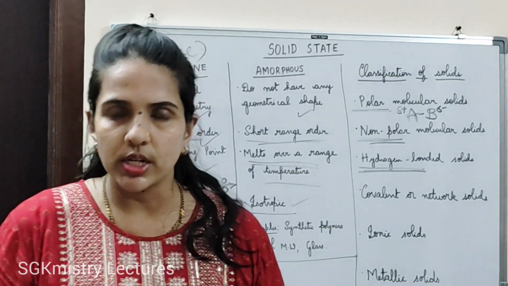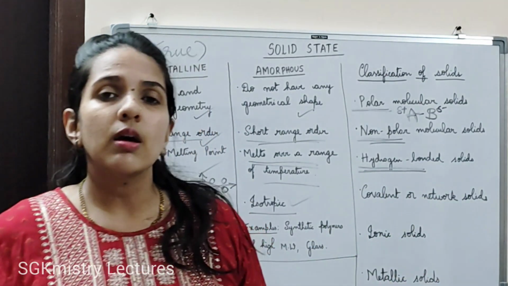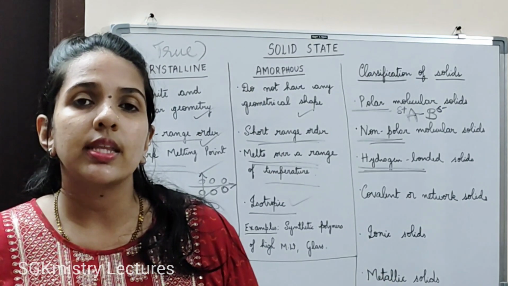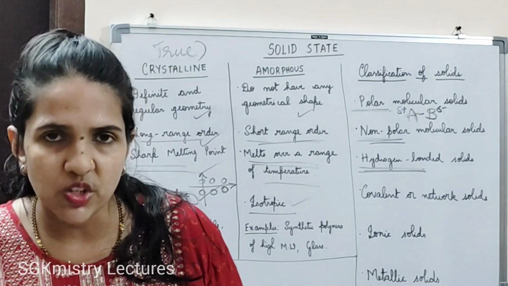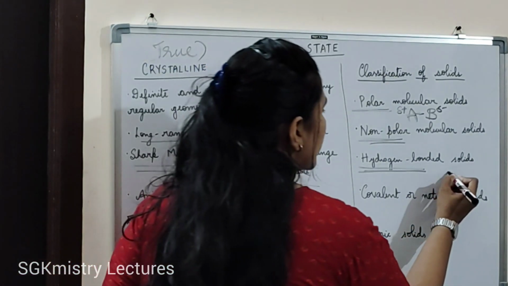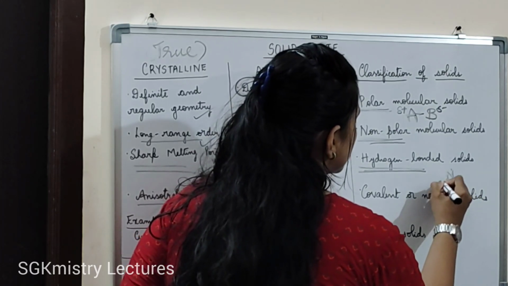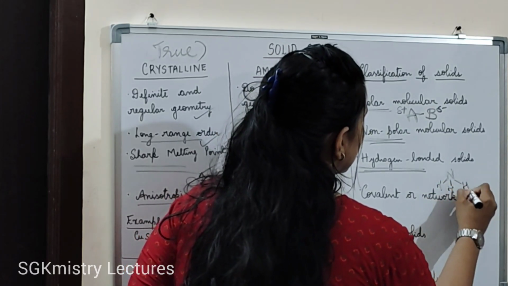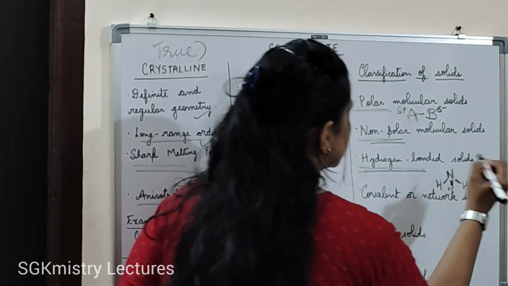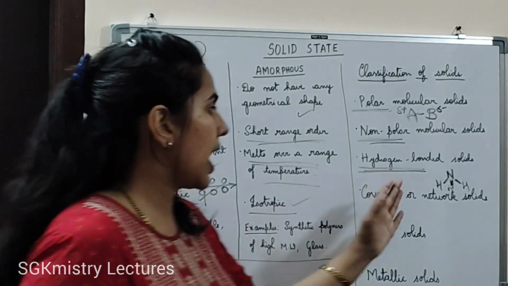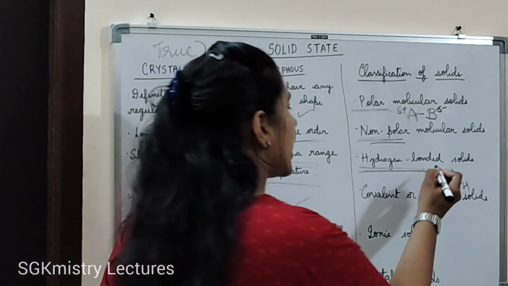Next is hydrogen bonded solids. Here, the different molecules are held together by hydrogen bonds. The most common example I can give here is NH3, ammonia. In NH3, nitrogen is single bonded with three hydrogens, so three bonds with three hydrogens, and it also has a lone pair.